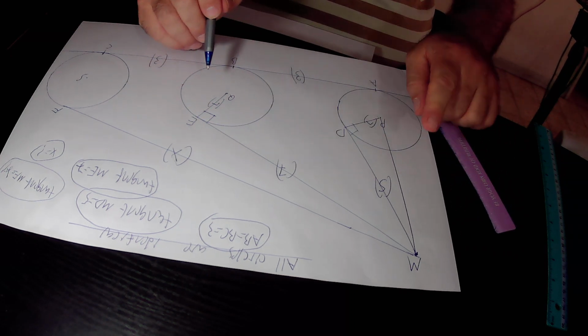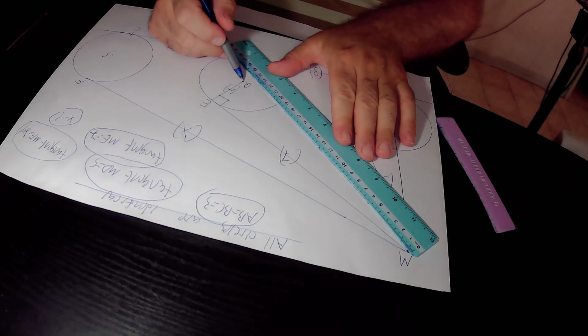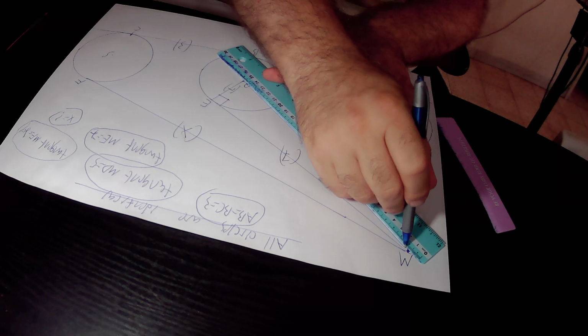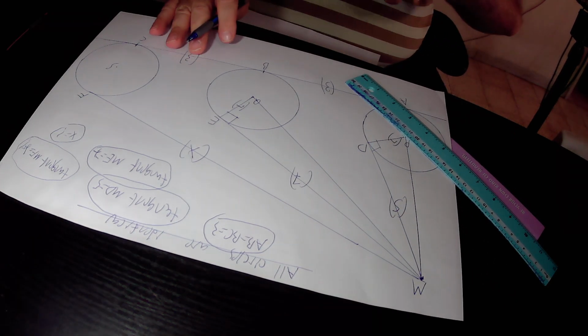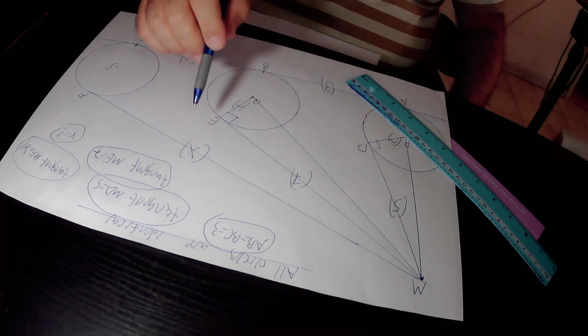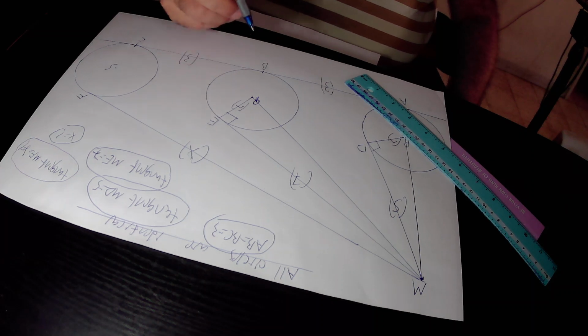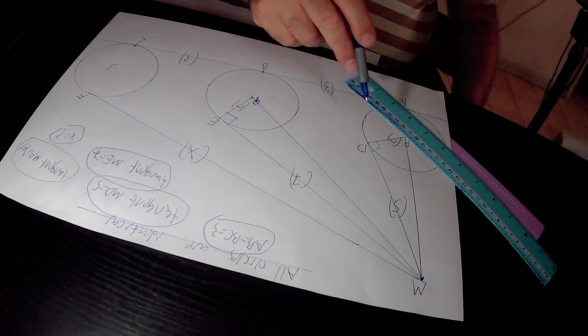In the next step, we will join points M and Q together by a straight line. By joining points M and Q, we create the right triangle MEQ. In the next step, we implement the Pythagoras theorem on this right triangle MEQ.